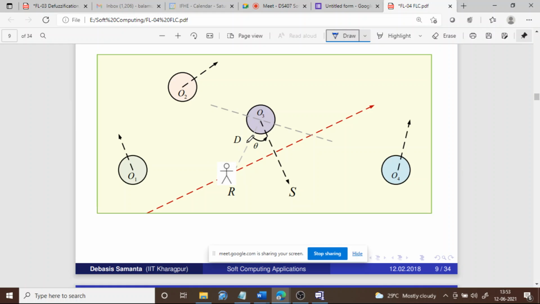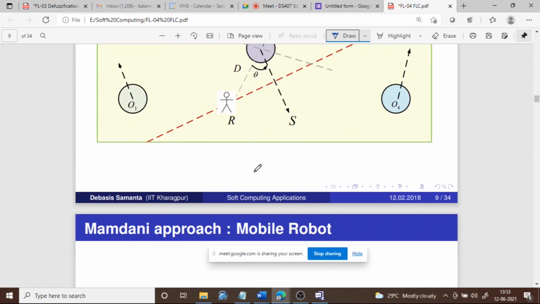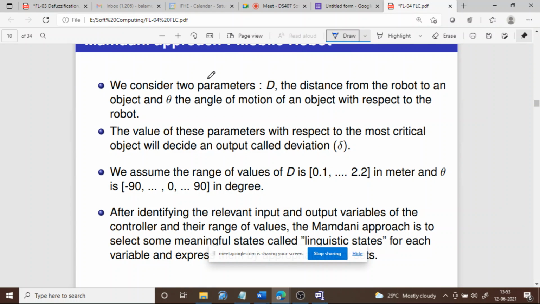One is the distance between any object and the robot, and the other is the angle between any object and the robot. So d is the distance from the robot to an object, and theta is the angle of motion of an object with respect to the robot. The values of these parameters with respect to the most critical object will decide an output called deviation.